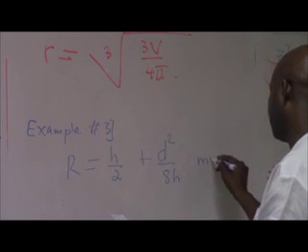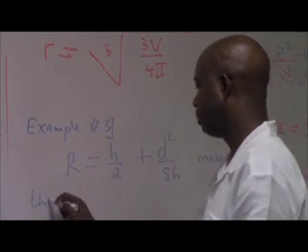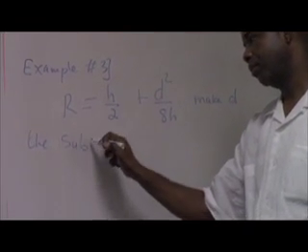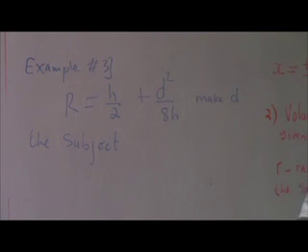And we need to make d the subject. So we need to make d the subject. So, you know, many approaches here would be possible. But let's see what we're going to do here. So we want to make d the subject of this.